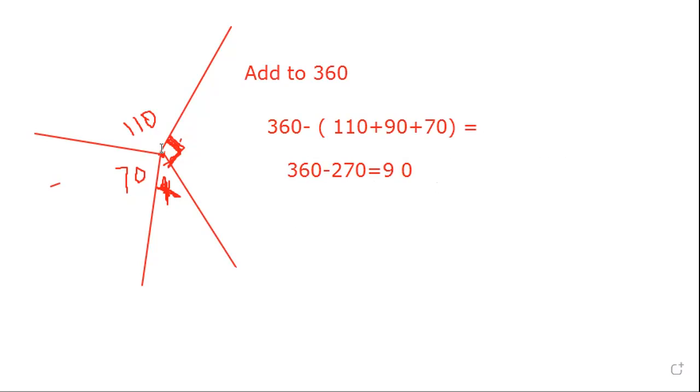So once we have a center and we have angles around this point, we can say that this is added to 360. And we have different questions about this type, but I only give you a brief about each part. Okay, so this is a part from module 8.